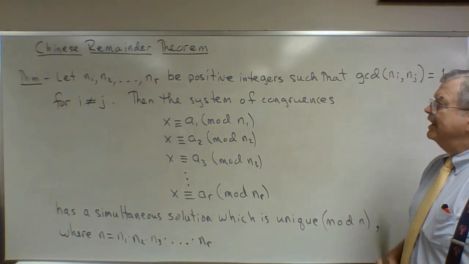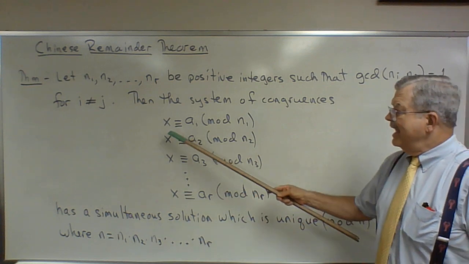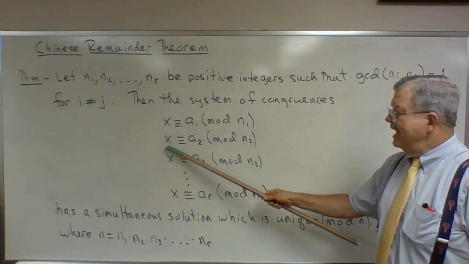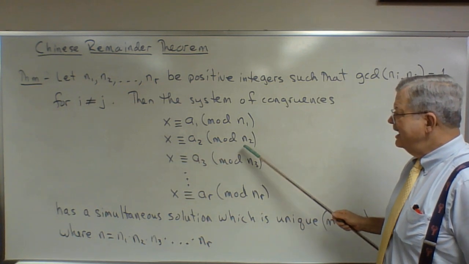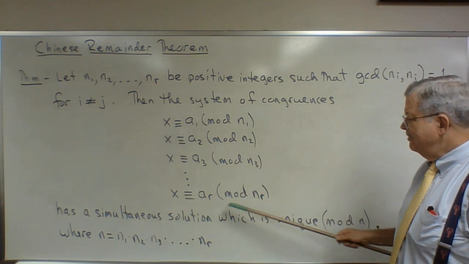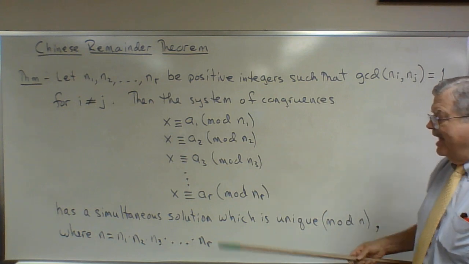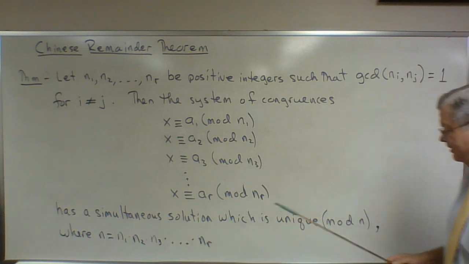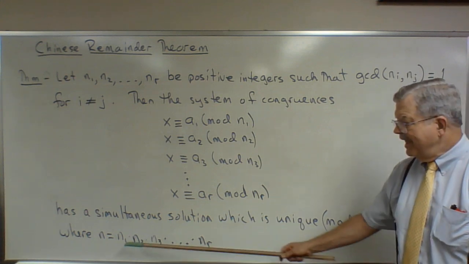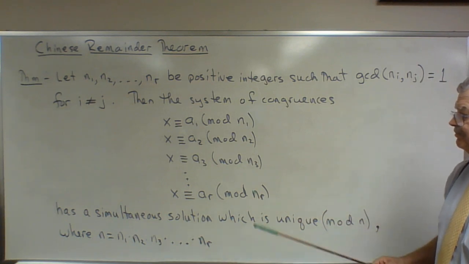Having said that, the Chinese Remainder Theorem says that the system of congruences x congruent to a sub 1 mod n sub 1, x congruent to a sub 2 mod n sub 2, through x congruent to a sub r mod n sub r, has a simultaneous solution, which is unique mod n, where n is the product of all of these n sub i's.